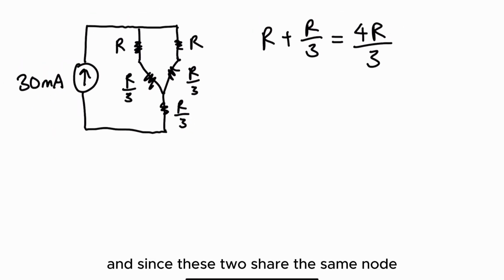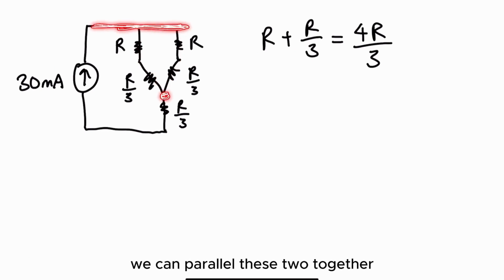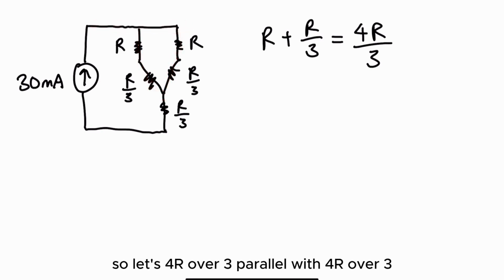And since these two share the same nodes, being this part and this part, we can put these two in parallel. So 4R over 3 in parallel with 4R over 3.